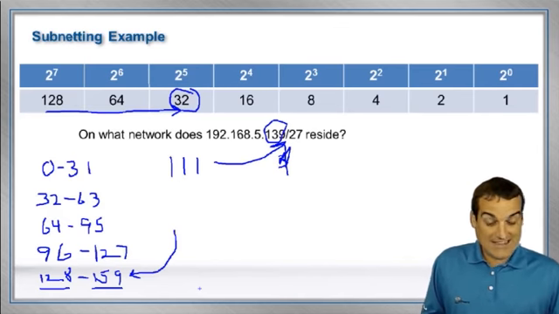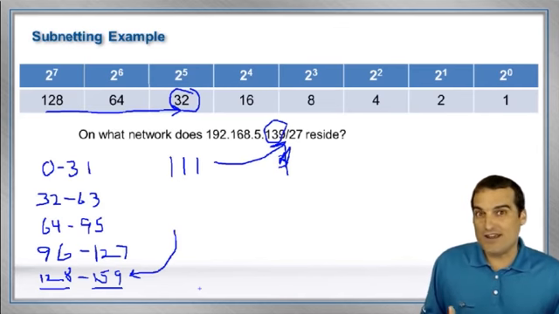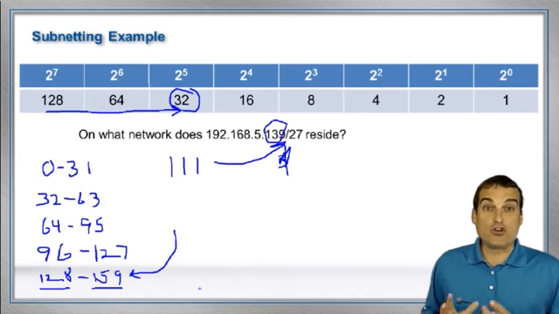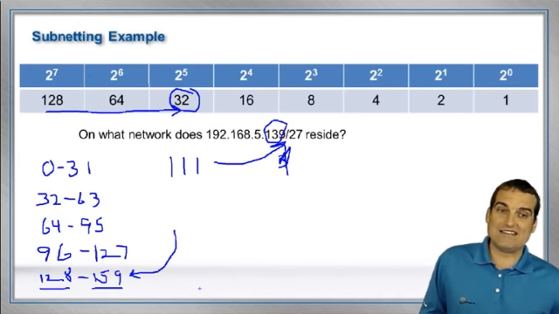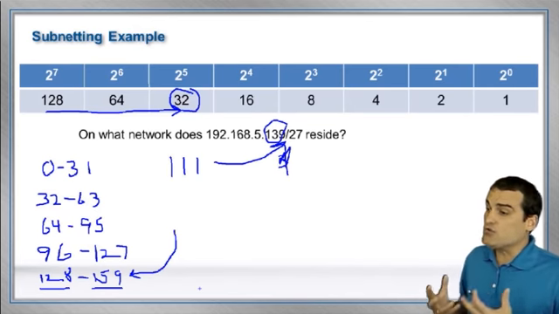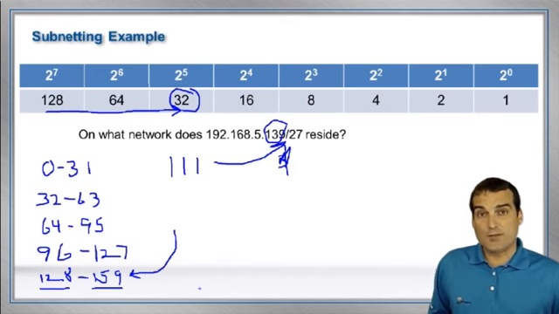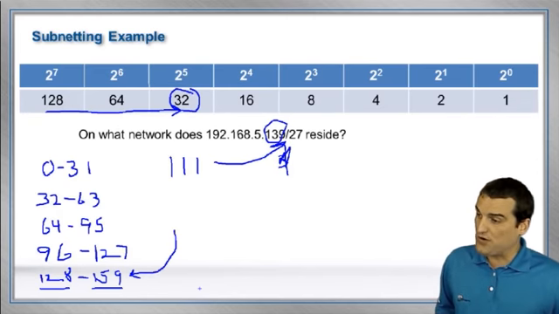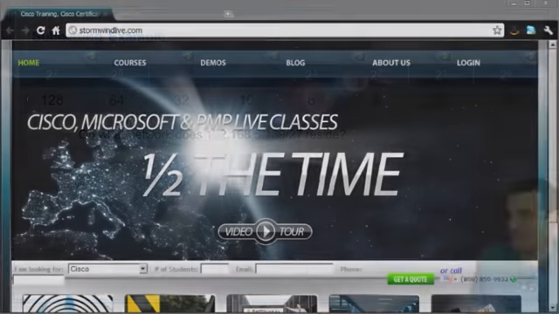So folks, this is the joys of subnetting. And you're going to want to practice this, as I said. You can practice this by using great tools that are available free of charge for you on the internet. Check this out.